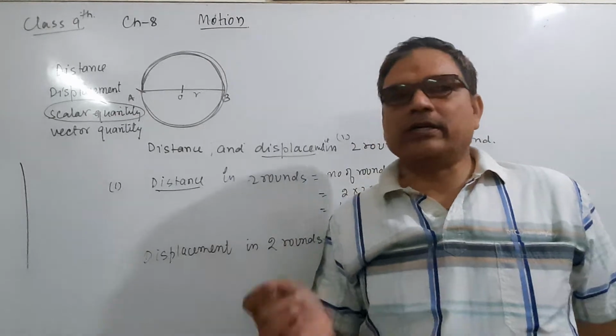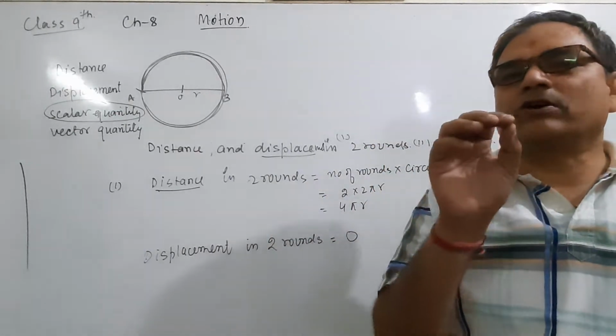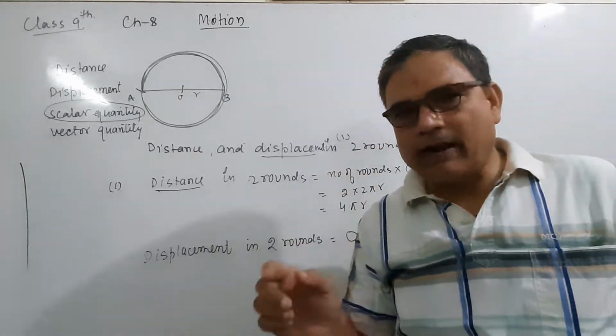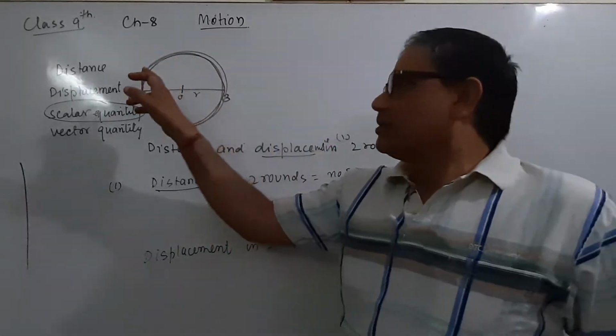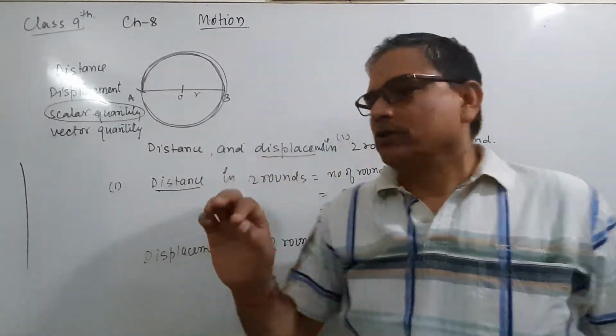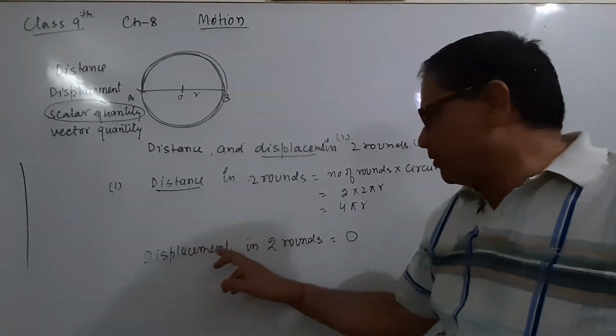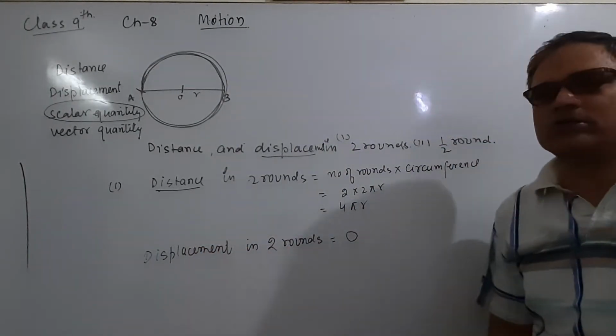According to the definition, displacement is the shortest distance between the initial and final point. The distance between A and A is 0. Therefore, displacement in 2 rounds is 0.